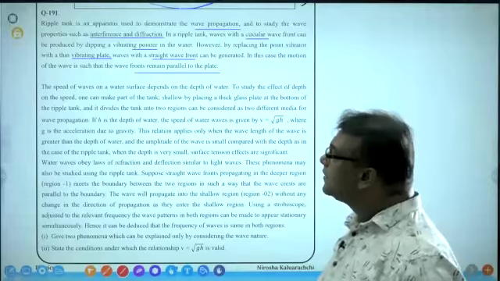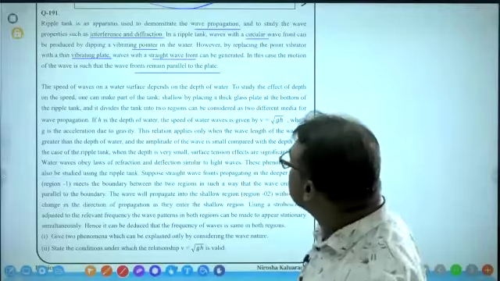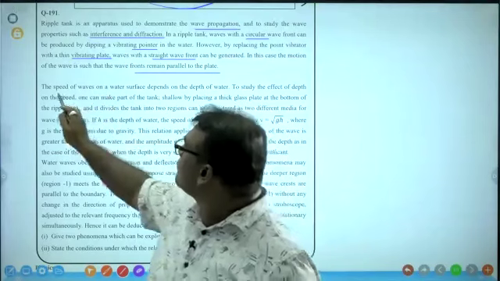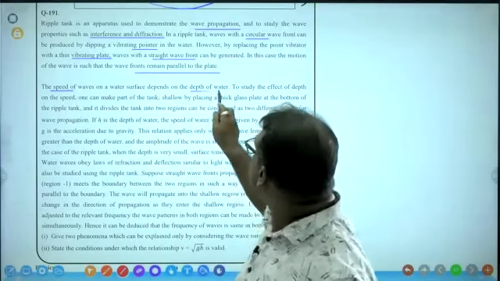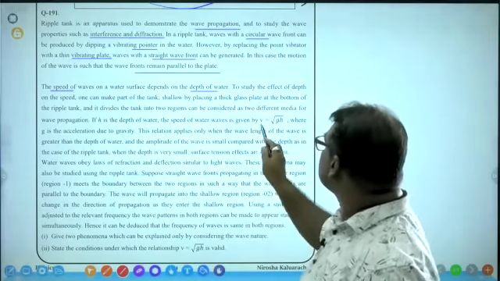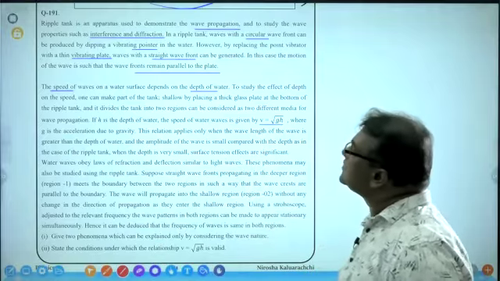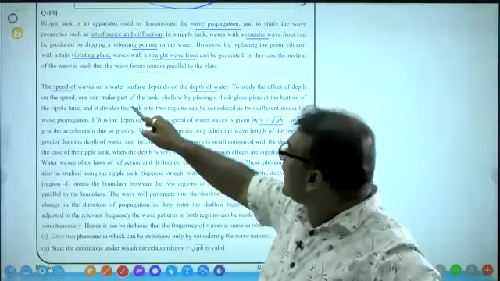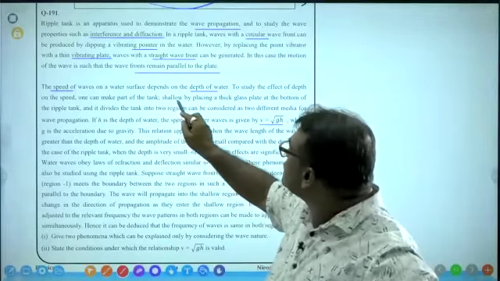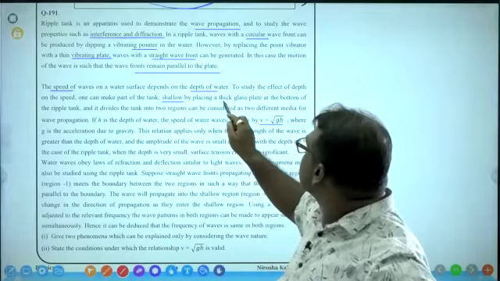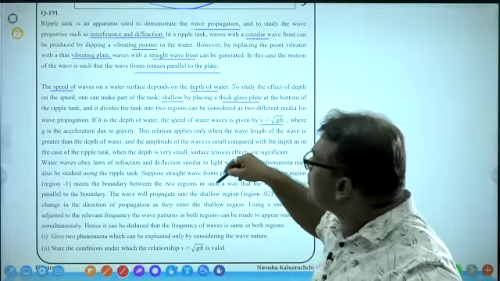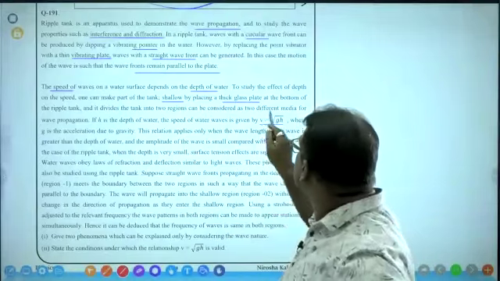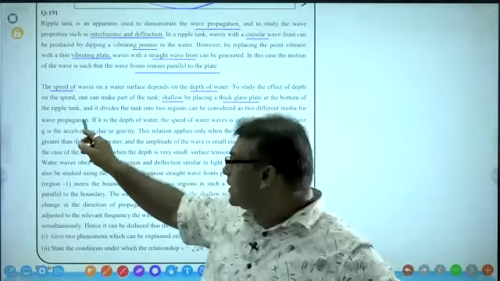Next, the speed of wave on the surface depends on the depth of water, and you are given that V equals root gH. One can make part of the tank shallow by placing a thick glass plate at the bottom of the ripple tank, and the tank is divided into regions that can be considered as different media for the wave propagation.